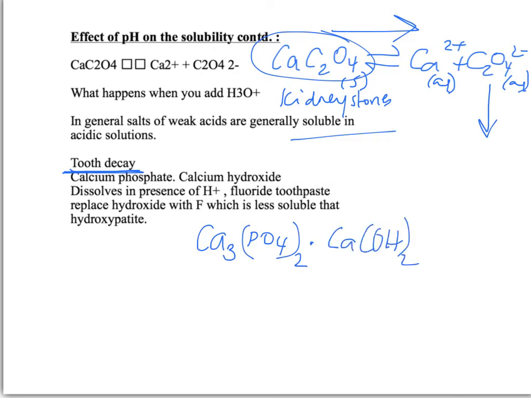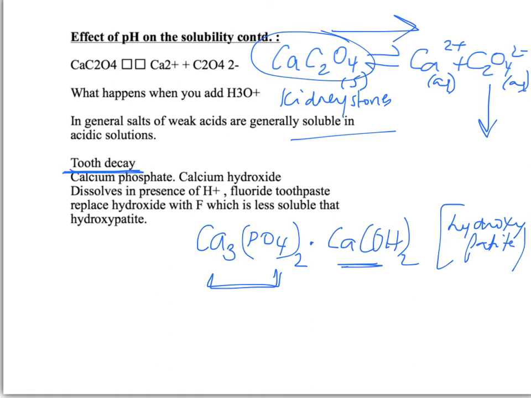I view calcium phosphate as the bricks, and to bind those pieces is the calcium hydroxide, like a cement. That's how the wall gets strong. This mineral is called hydroxyapatite.